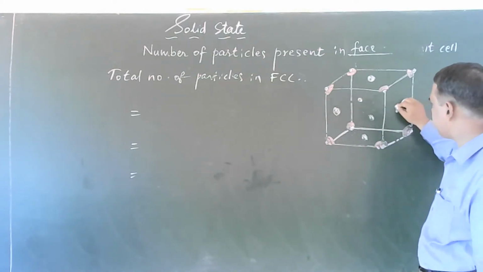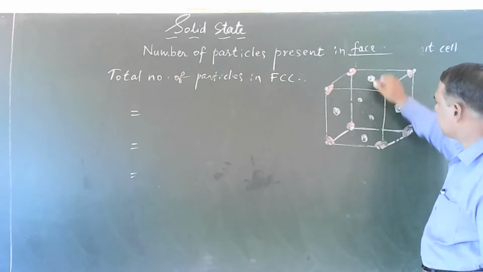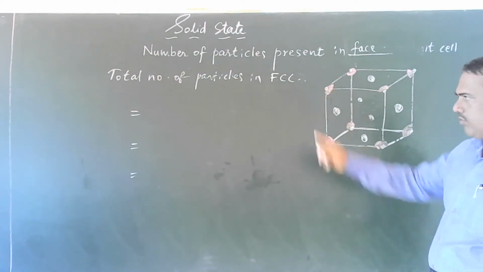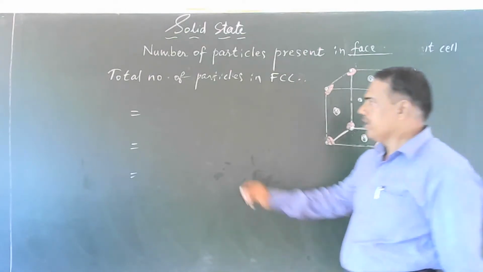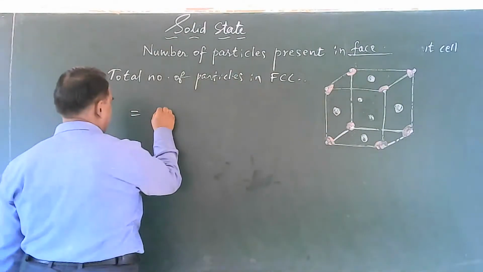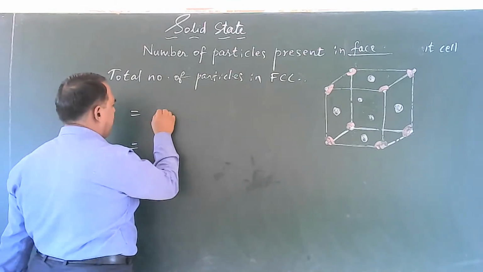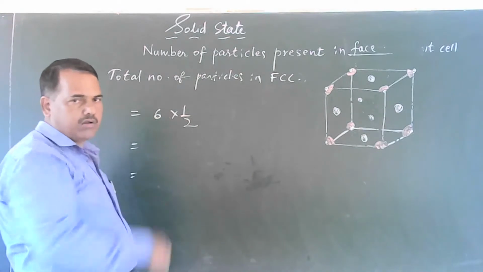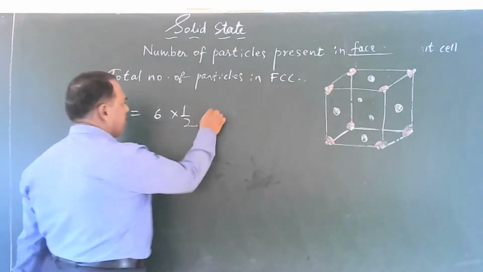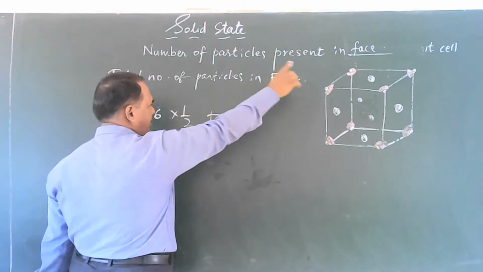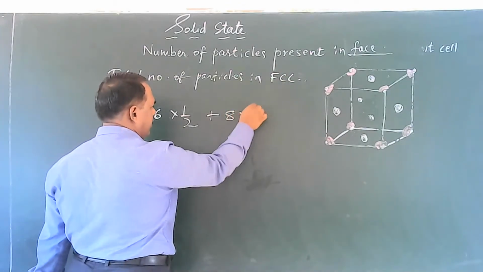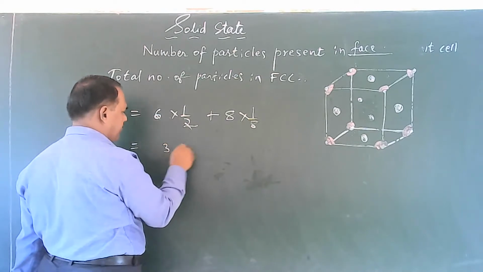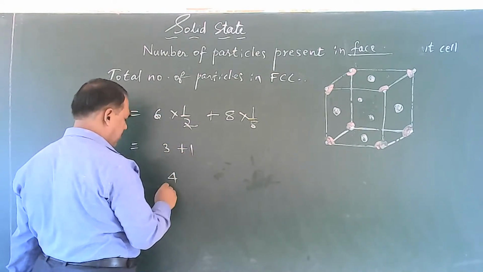See, this is another one. And this is the total number of particles in FCC. We shall calculate. One is corner particles, and according to phase, 6 phases into 1 by 2 particle per phase. Plus the particles present at the corner, 8 into 1 by 8. So it is equal to 3 plus 1. So you will get 4.